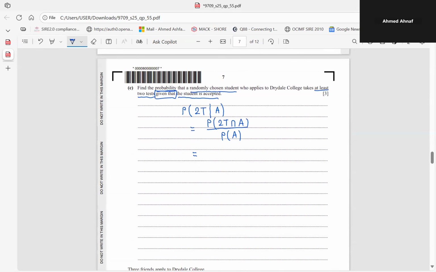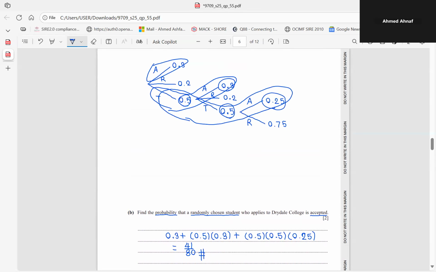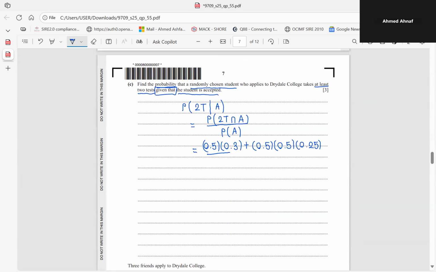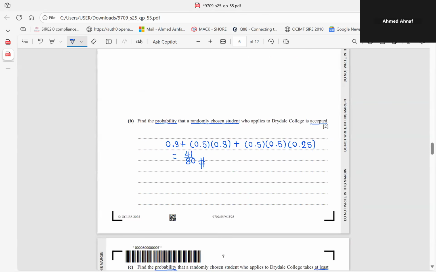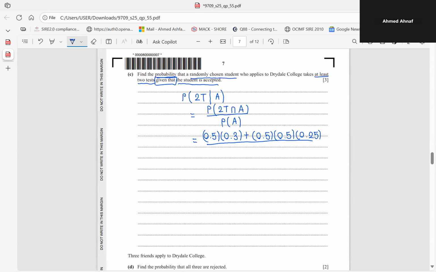Let's add those probabilities up: 0.5 times 0.3 plus 0.5 times 0.5 times 0.25, over the probability of getting accepted, for which we use our previous answer, 41 over 80. Now just type all this into your calculator.